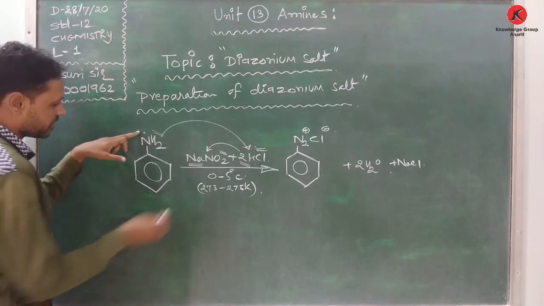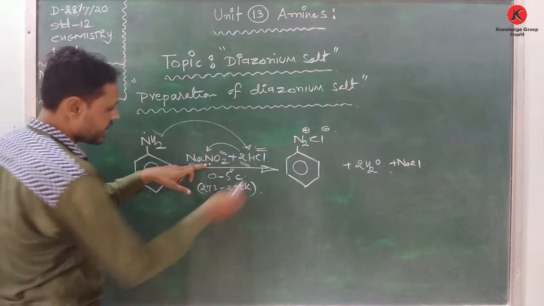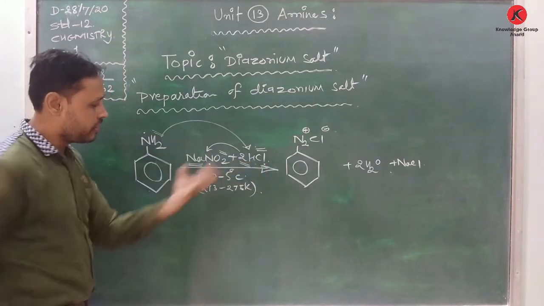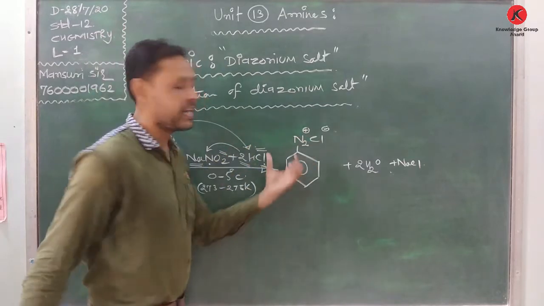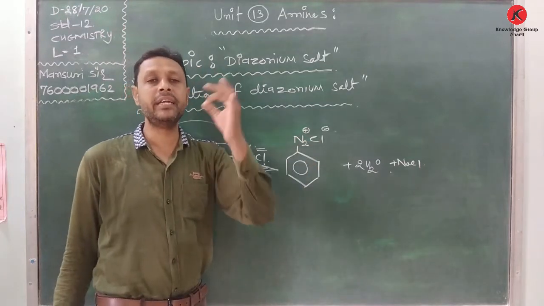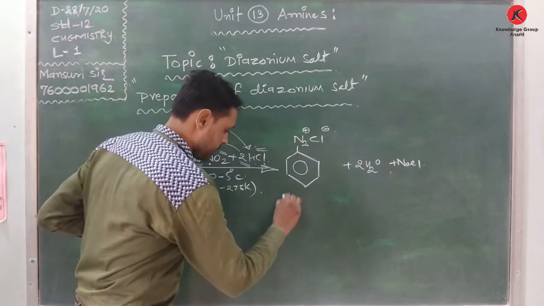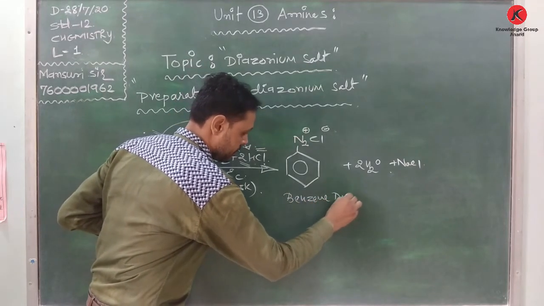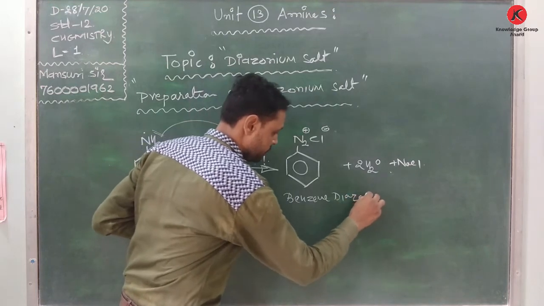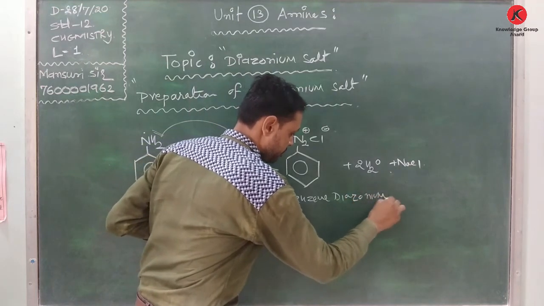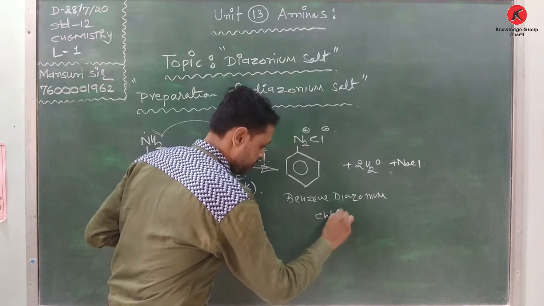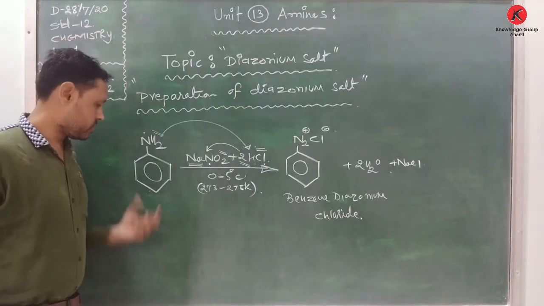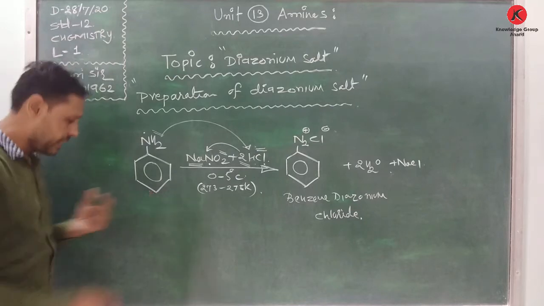N is present, N is present, and the other Cl is present. So N and Cl will form N2Cl, and this is my benzene diazonium chloride.